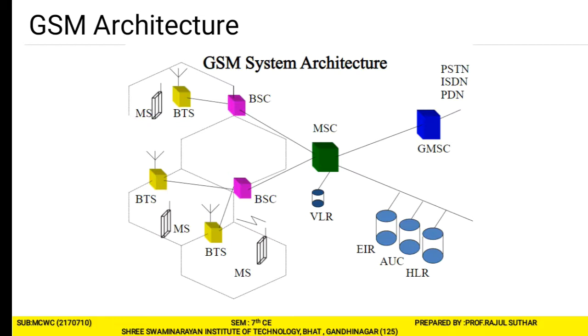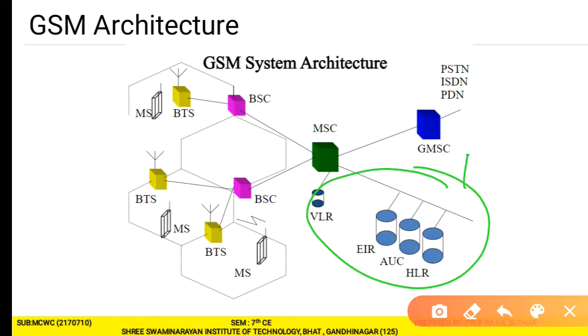All of these cover the BSS. Then the network switching center, this portion is called the NSS. It covers the home location register, visitor location register, equipment identity register and authentication center.